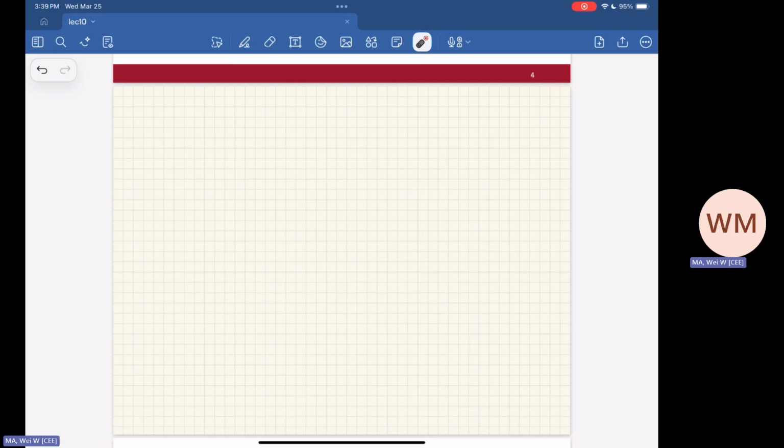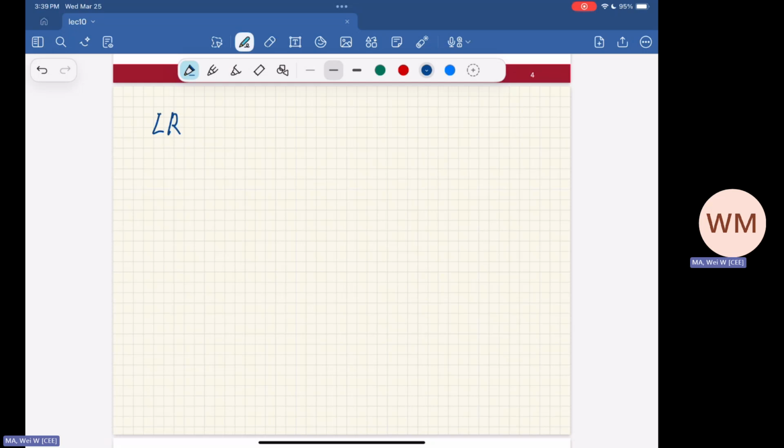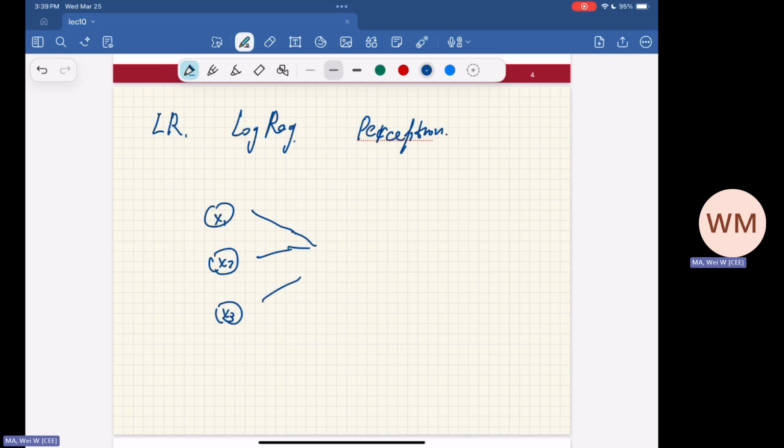In the past weeks we learned several machine learning methods. We talked about linear regression, logistic regression, and the perceptron. Actually there is a unified framework for these different methods. Say for example linear regression: you can think of it as x1, x2, x3, connected with W1, W2, and W3, and then you have a sum, and then you have the output.